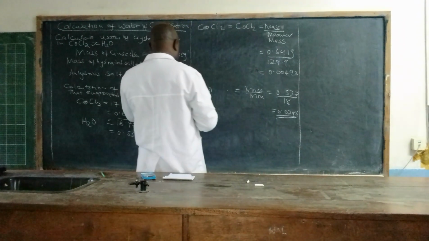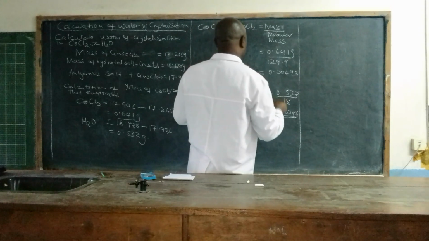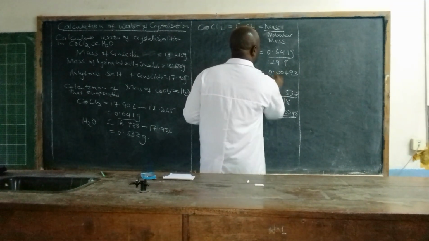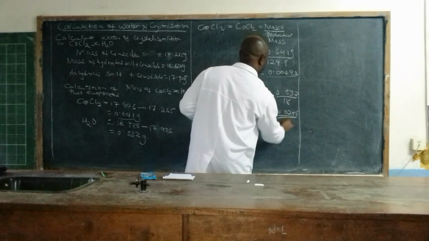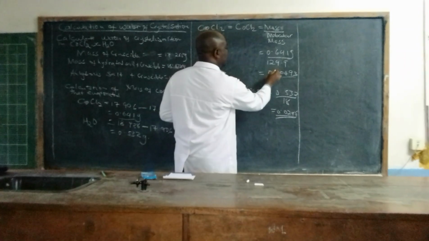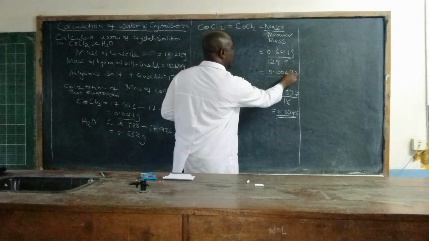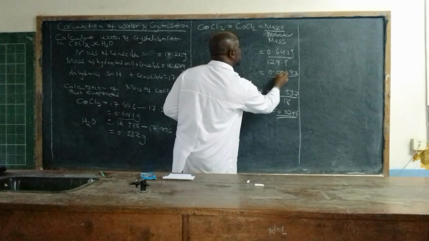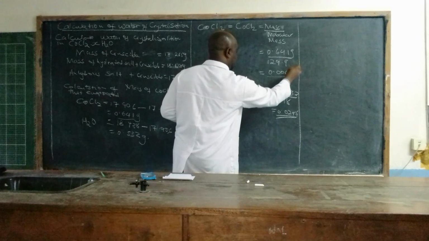After we have done that, we consider the smallest value between these. Between 0.00493 and 0.0295, 0.00493 is the smallest.